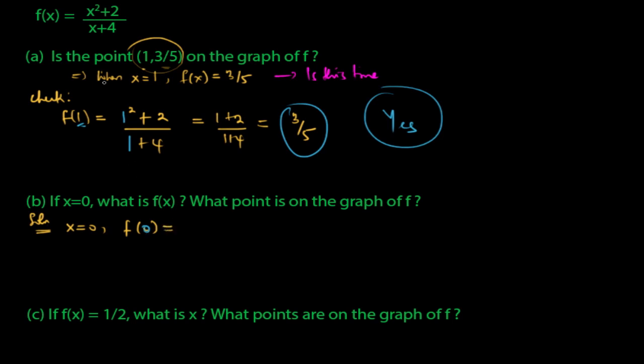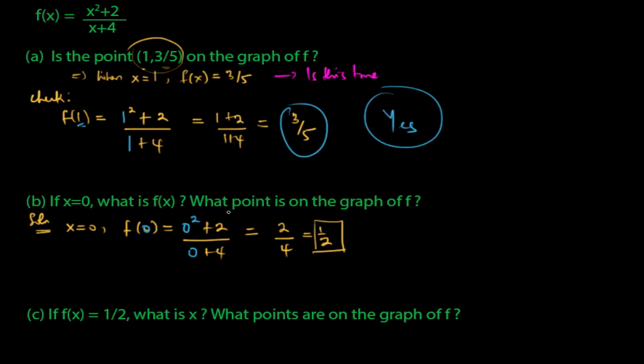So this is 0 squared plus 2 divided by 0 plus 4. 0 squared plus 2 is 2, divided by 4, which is equal to half. So our f of x is half.